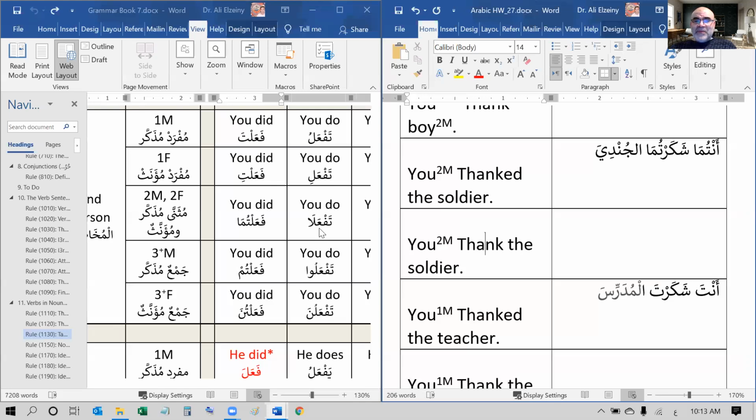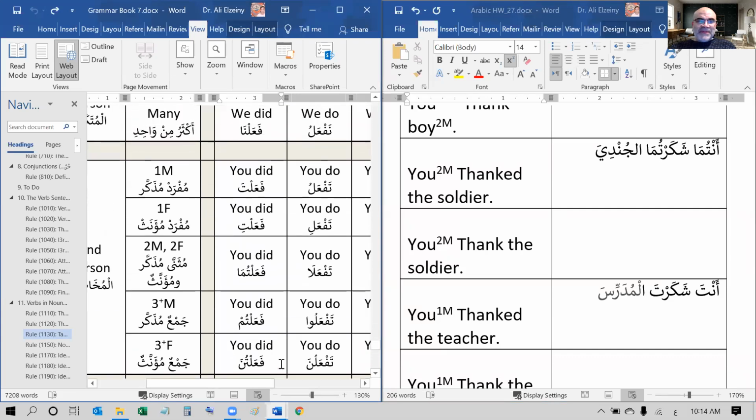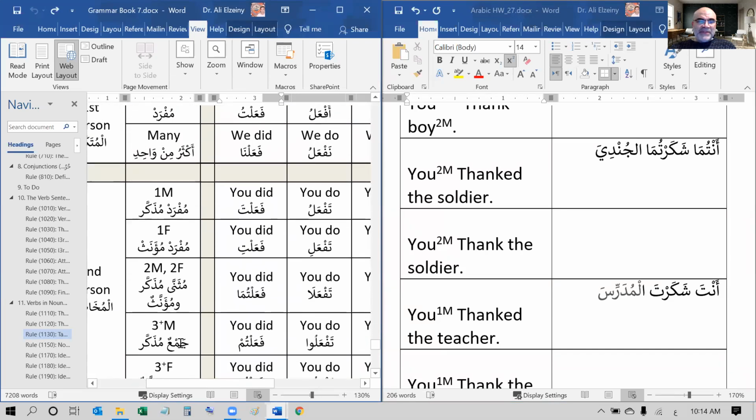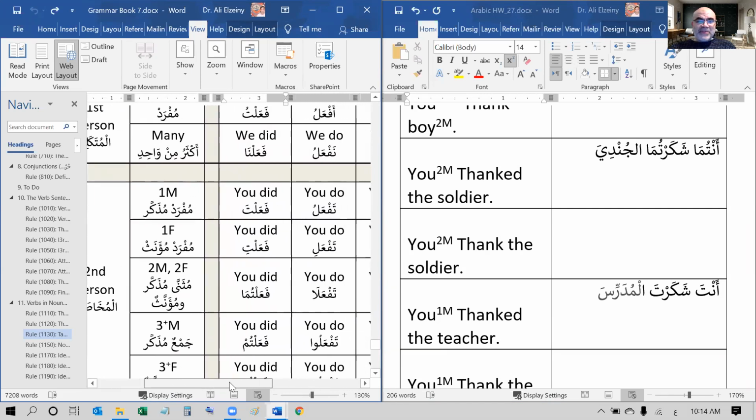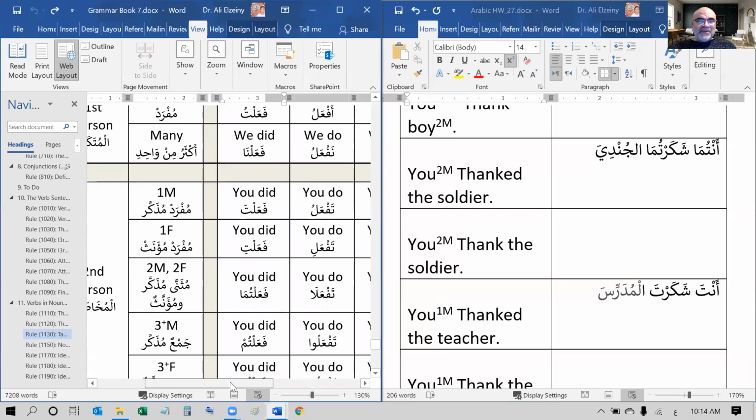Okay, so here in this example, it's for 1M. You thanked the teacher. 1M. So thanked the teacher for 1M. That's the root. See? Actually, no. That's here. That's the second person. Because it's "you", it's the second person. Okay.